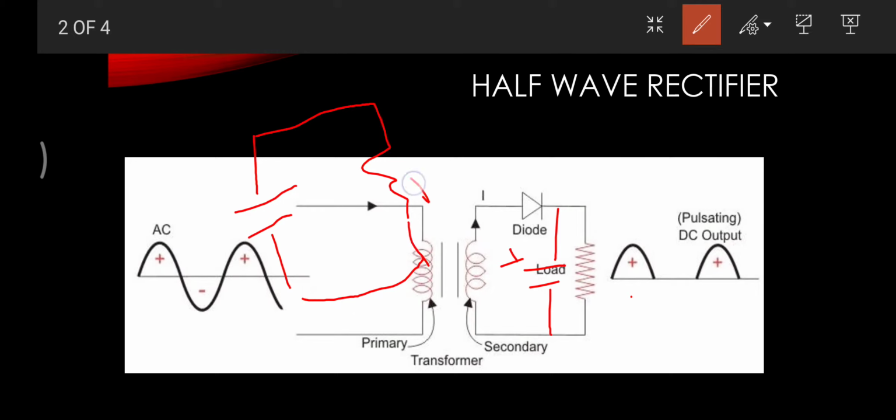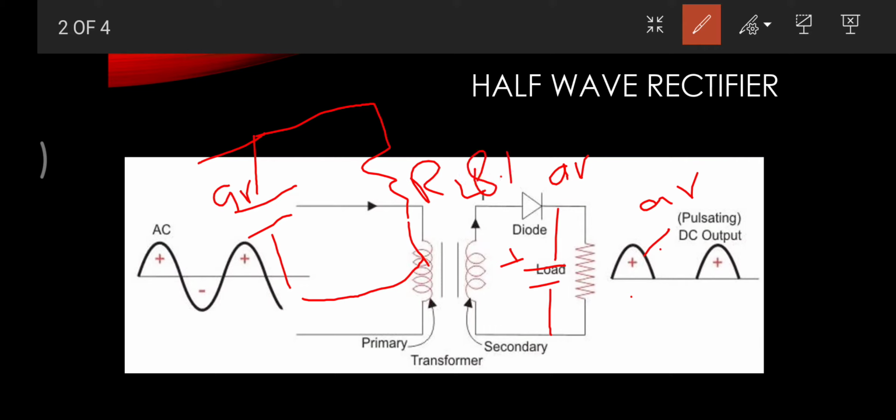This is your load, this is the capacitor, and for example, let's suppose the voltage stored in the capacitor is 9 volt. So as soon as the voltage goes below 9 volt, at that point the negative side of the diode is at the higher side, and this side, for example, let's suppose it's 8.1, is at the lower side.